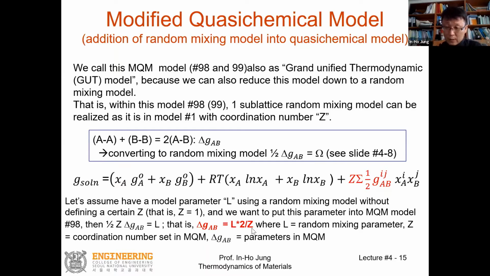For example, last time for silicon and tin, L0, L1, L2 were given. Each of these L, you multiply by 2 and divide by Z of the end member. Z was 6 for silicon and tin. Then you get the new L parameter, or new AB parameter, which you need in the quasi-chemical model, and you enter this number.